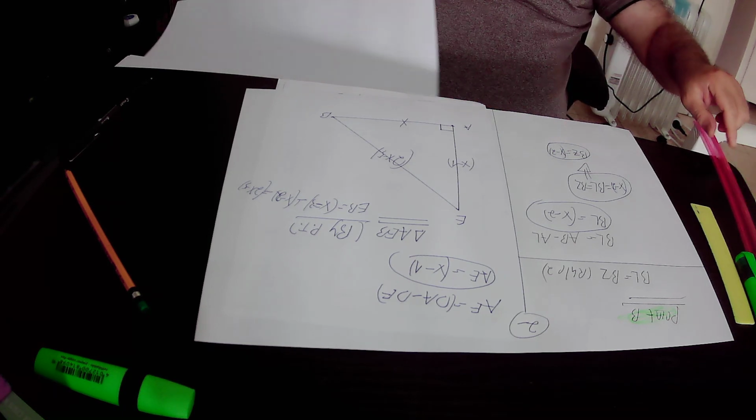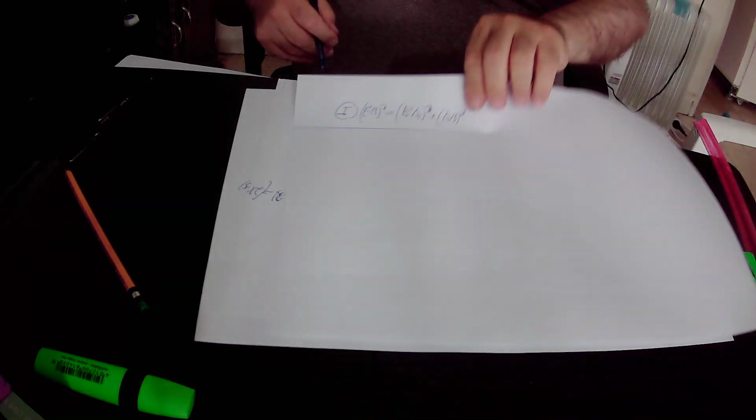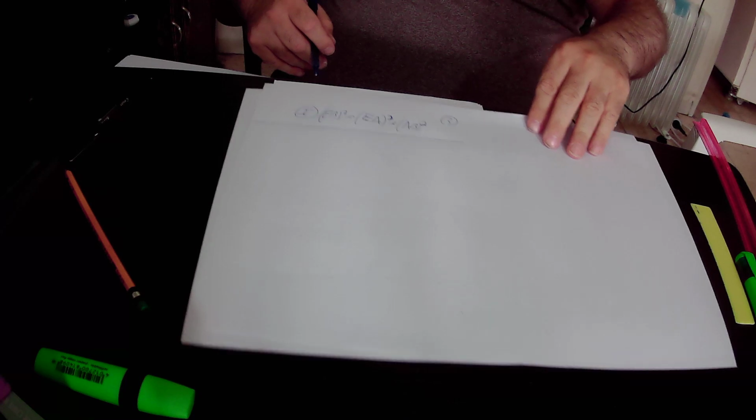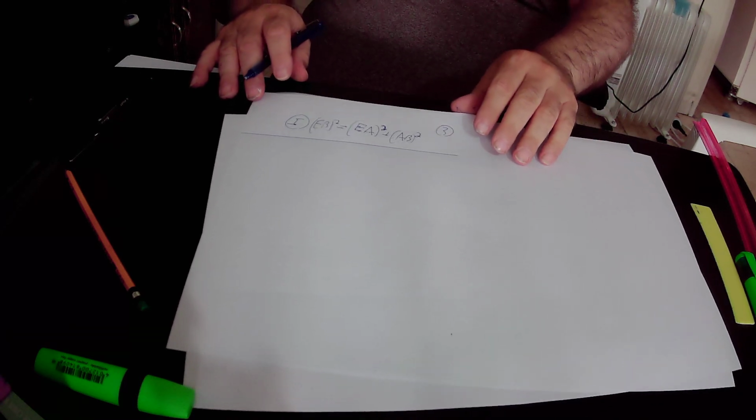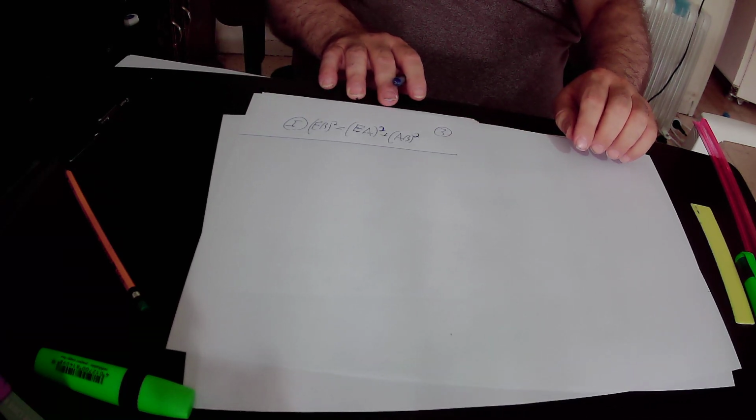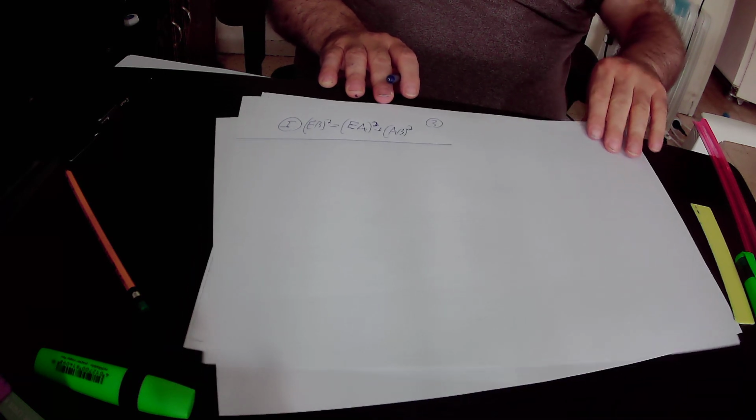I'll repeat again, according to the Pythagoras theorem, on the right triangle EAB, EB squared equals EA squared plus AB squared.